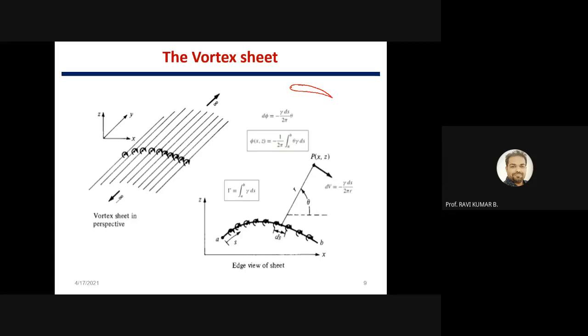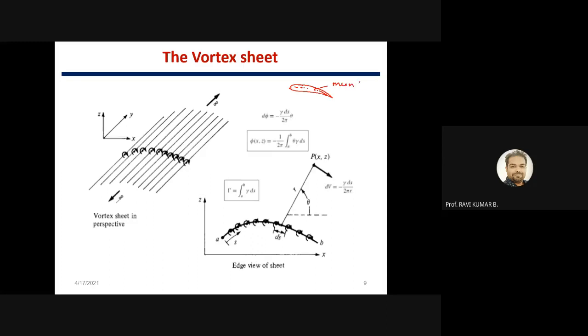Basically, you can reduce the thickness completely, so this airfoil can be replaced by a camber line itself. This line, as you are seeing, is nothing but the camber line. The camber line is the locus of all the points midway between the top and bottom surfaces of the airfoil. That is called the mean camber line.